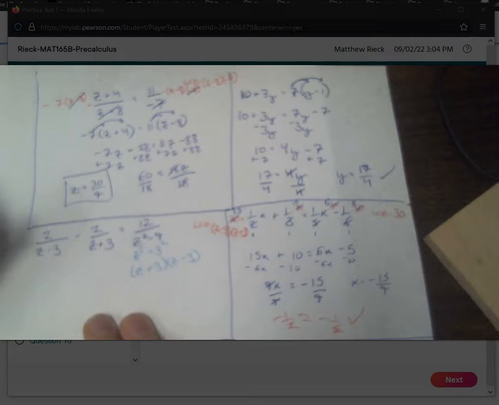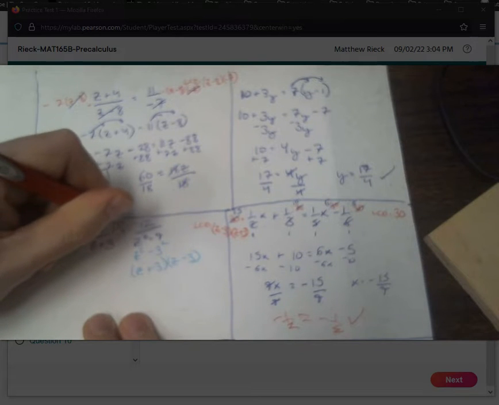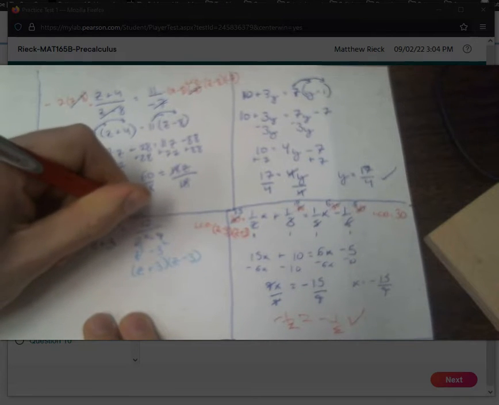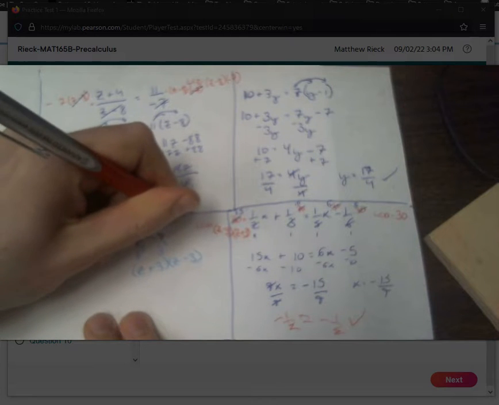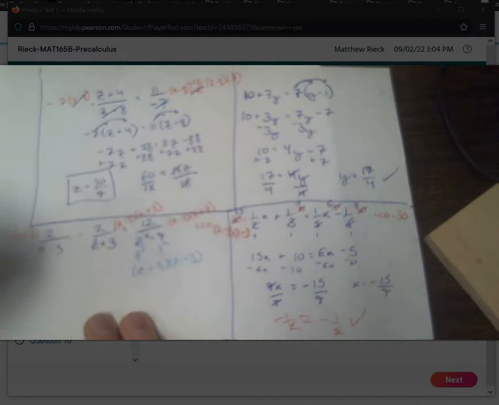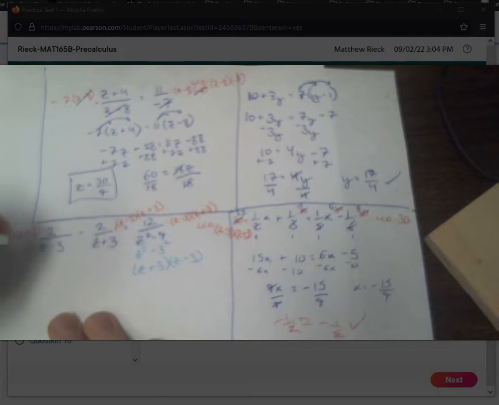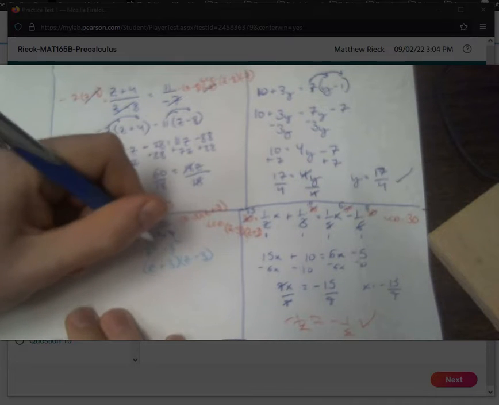So again, you multiply each term by that least common denominator. All right. And again, we can cancel out common factors here.